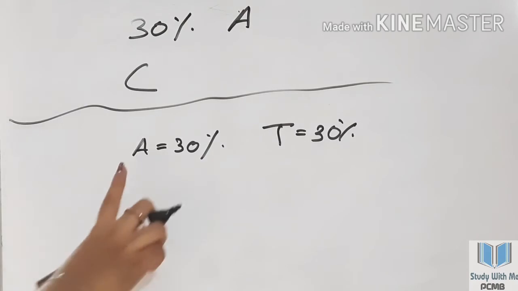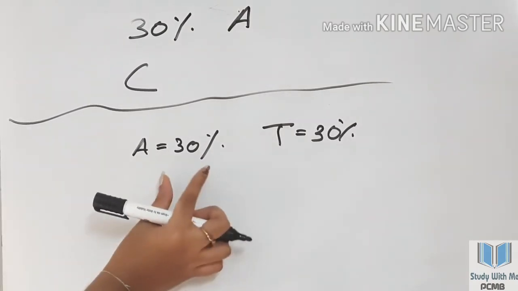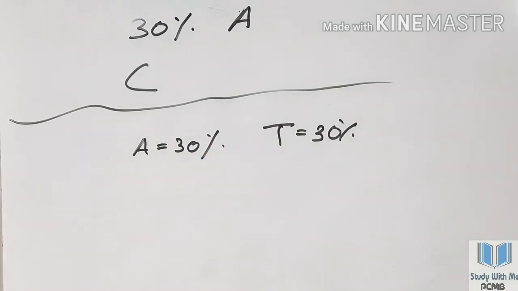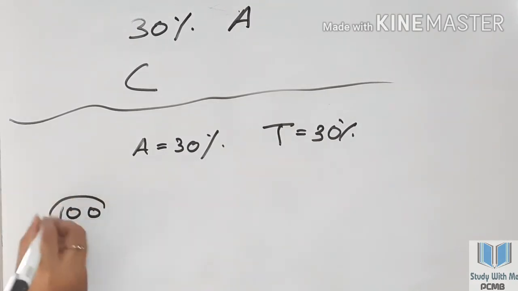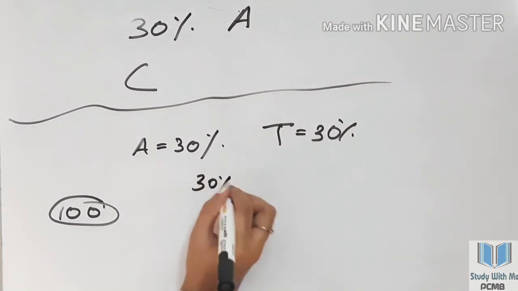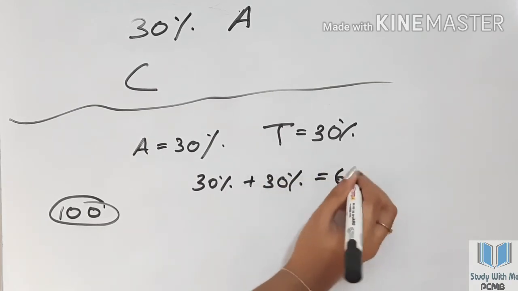Adenine and thymine are getting bonded, so the quantity of adenine is equal to the quantity of thymine. Percentage means it is out of 100. So 30% plus 30%, the answer will be 60%.